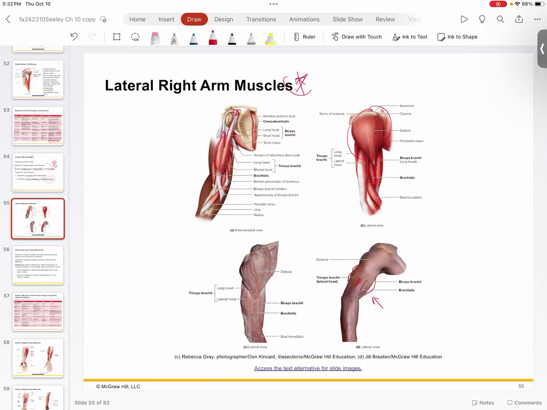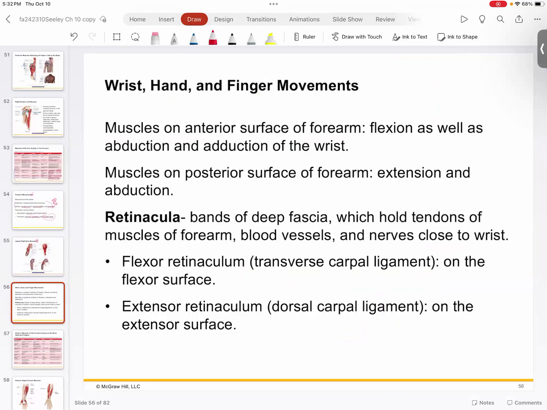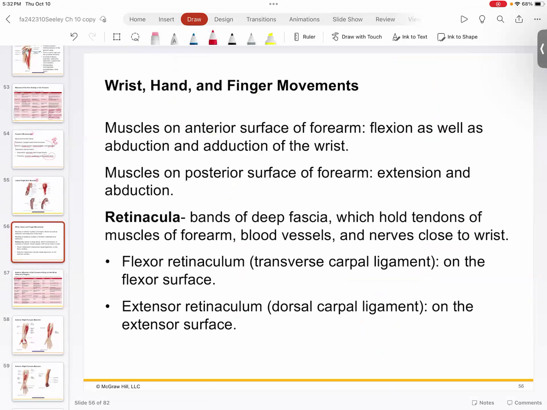So this is a pretty important piece because it overlaps and dovetails with our lab stuff as well. Now, to a lesser extent, we have the wrist and hand movements. For instance, we have flexion of the hands, of course, adduction, abduction of the wrist, and of course, extension as well.